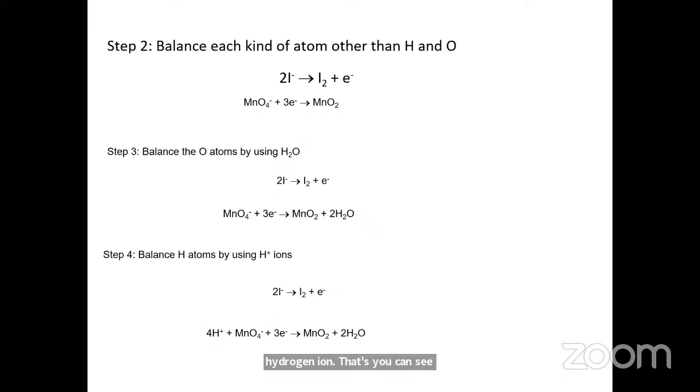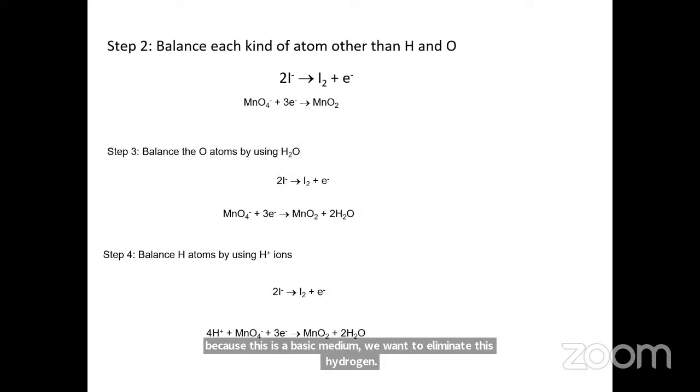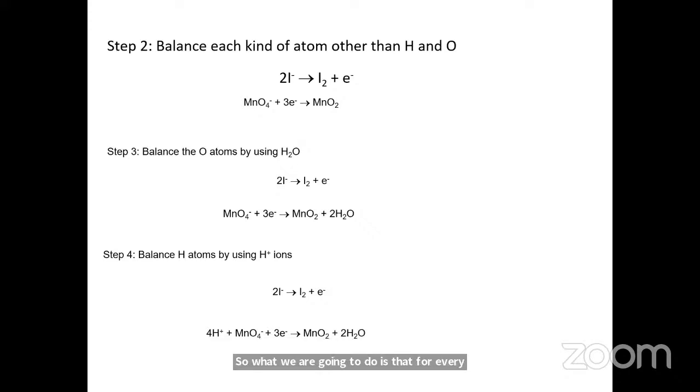Now, this looks like what we see in the acidic medium. But because this is a basic medium, we want to eliminate this hydrogen ion. So for every hydrogen ion, we'll add 1 mole of hydroxide ion. On the left-hand side, we have 4 moles of hydrogen ion, so we are going to add 4 moles of hydroxide ion on both sides of the equation.